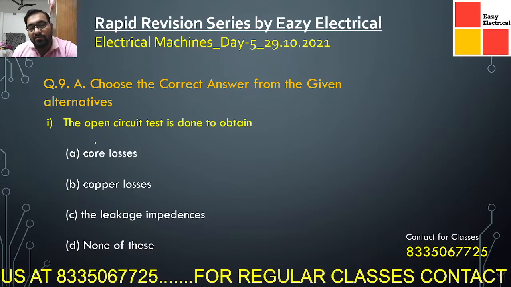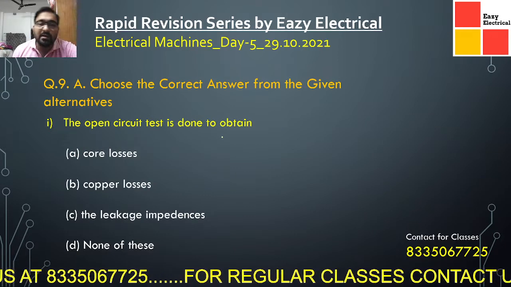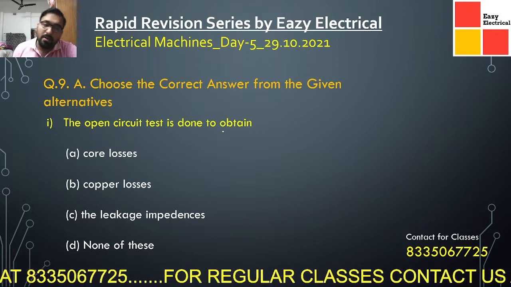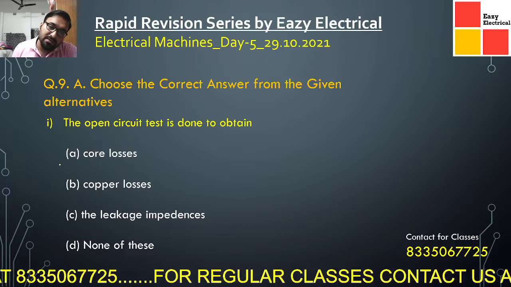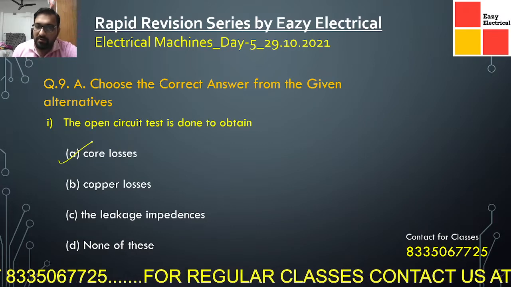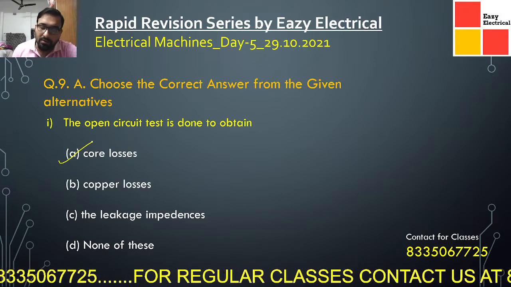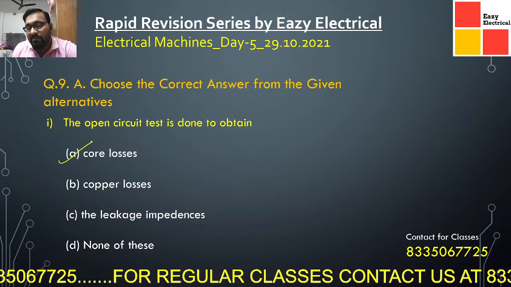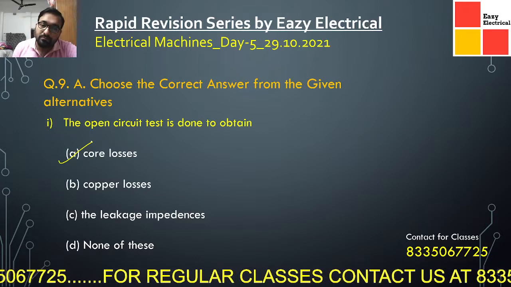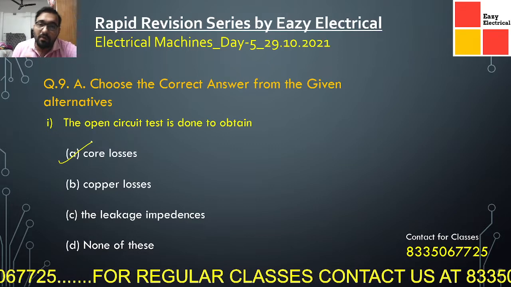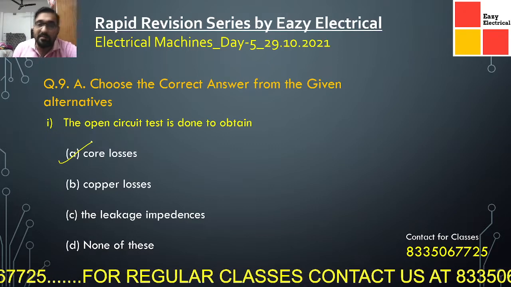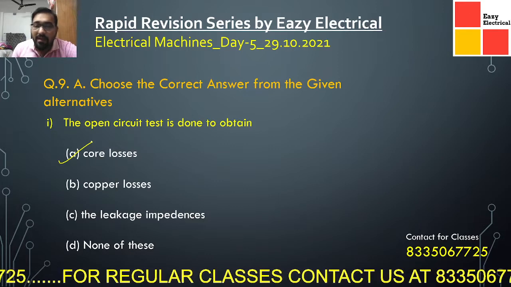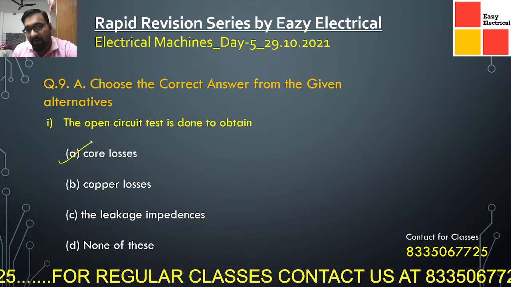Now coming to the next question: the open circuit test is done to obtain, basically, the core loss components. Whatever core loss components are there, we determine. In certain cases, while calculating the core loss, other components also get calculated, that is, the primary winding copper loss.